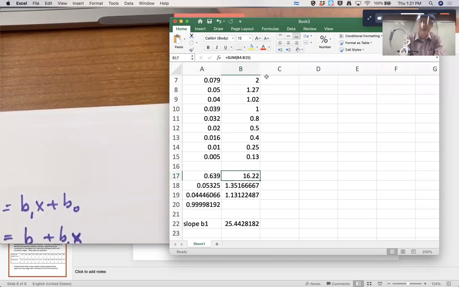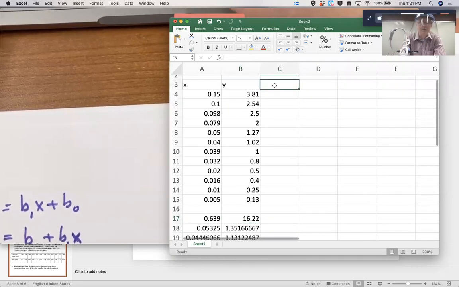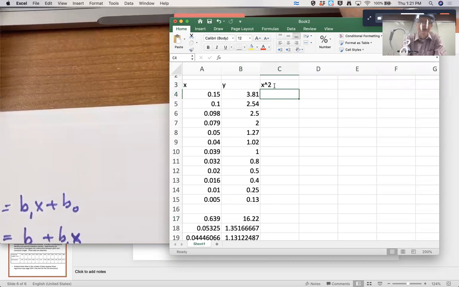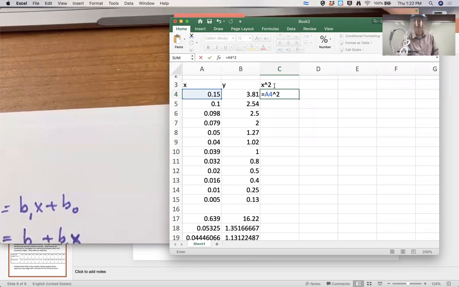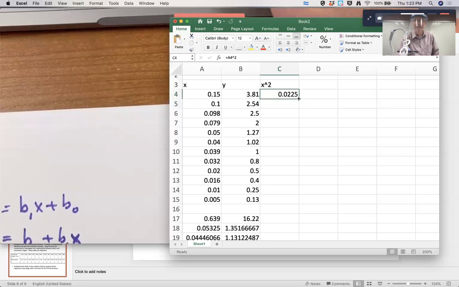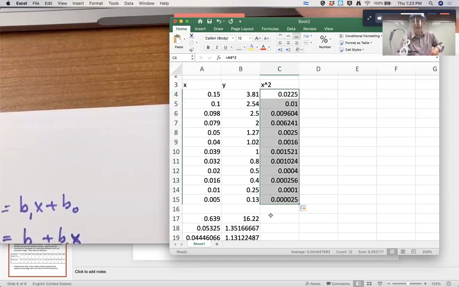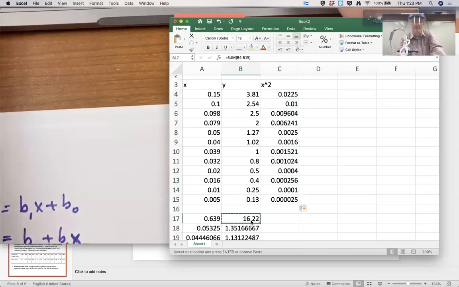I am also going to need the summation of the x squareds. I'll go ahead and make this heading like this. Take the A numbers and square them. Those are going to be really small. If I then copy and paste the summation formula to column C here, it will add those up.